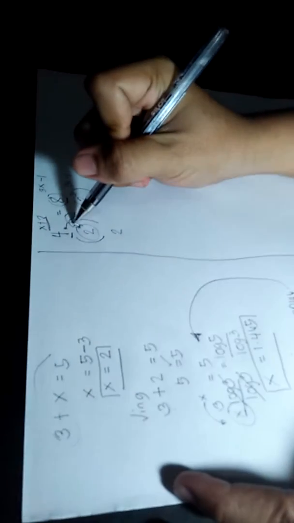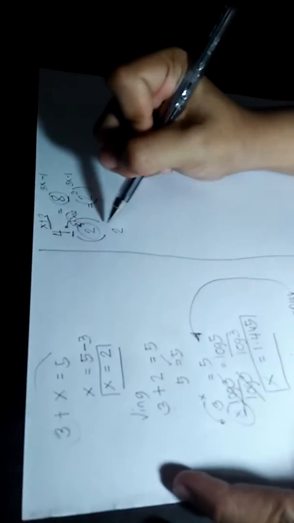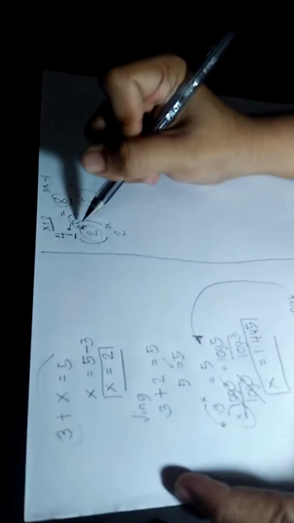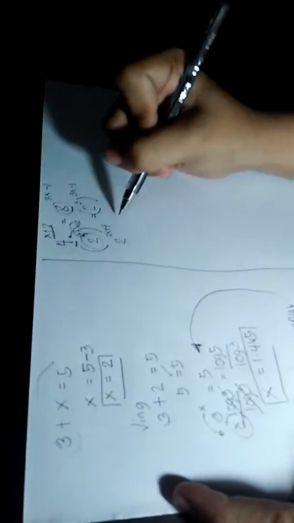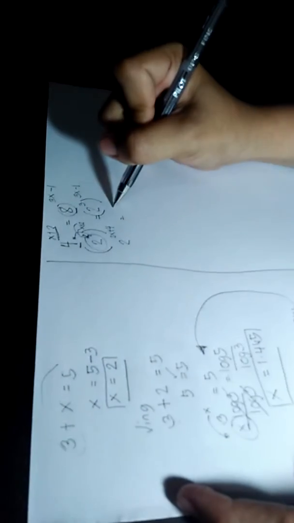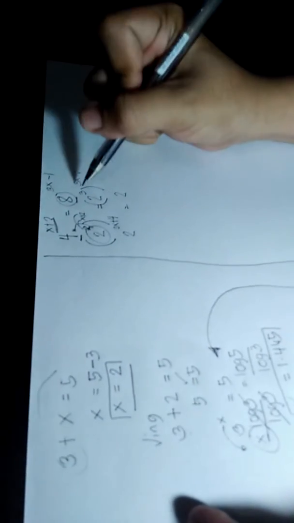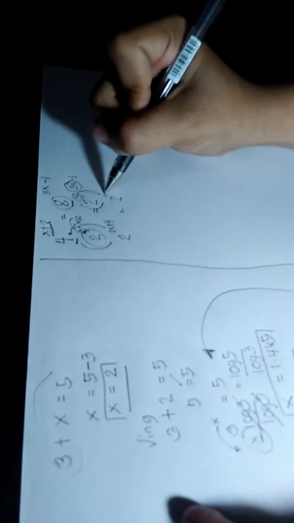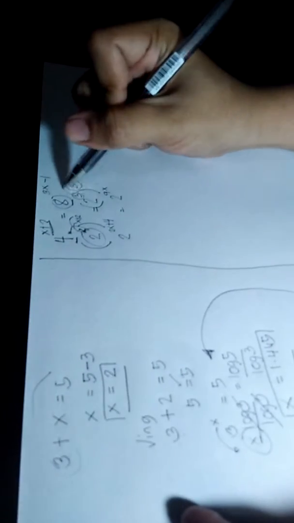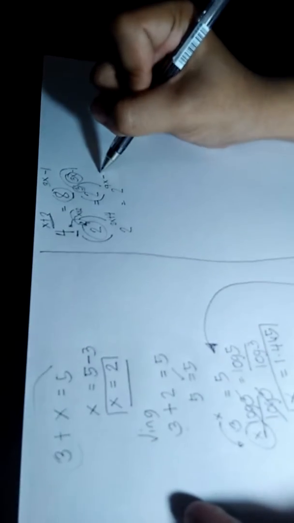So 2 times x would be 2x. Then 2 times positive 2 is 4. The next 2: 3 times 3x would be 9x. Then 3 times negative 1 would be negative 3.